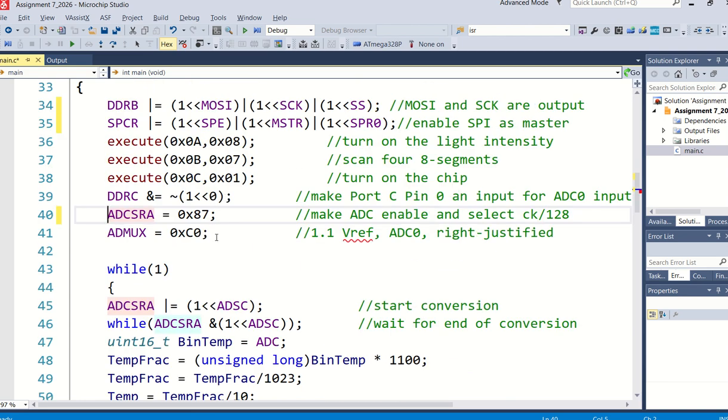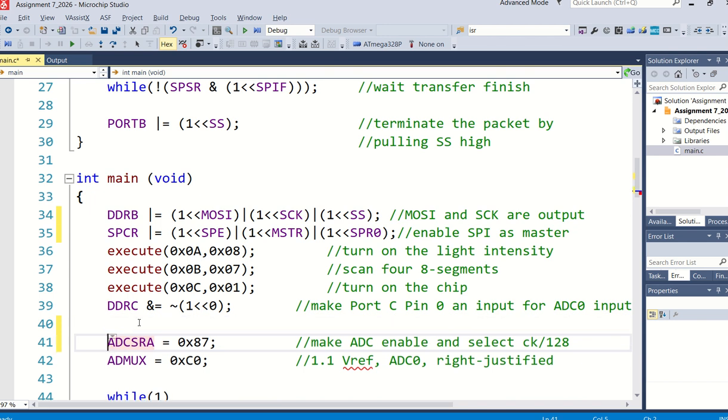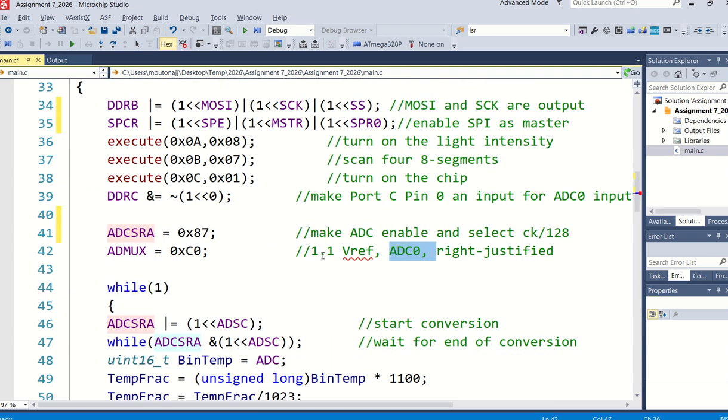So if we now go, where was I? Just to keep the line numbers correct. This we know is just to enable the clock speed and also to enable the ADC. And in this specific case, I've made use of 1.1 as the reference voltage, and I've used ADC0 as the input of the ADC.